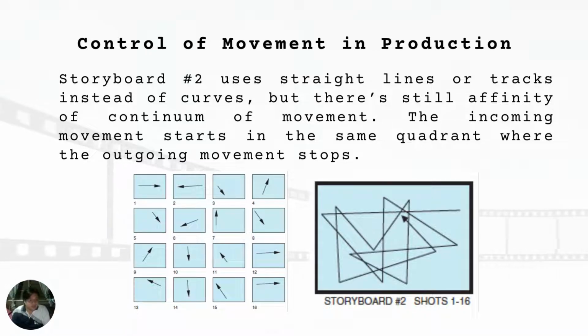The incoming movement starts at the same quadrant where the outgoing movement stops. When all the pictures are superimposed on your right into a single frame, the linear motif is still revealed. The straight, angular lines on track still create a smooth continuity. So, it doesn't have to be curved. It can be straight lines. Again, kailangan lang magsambutan yung mga frames mo in terms of movement.